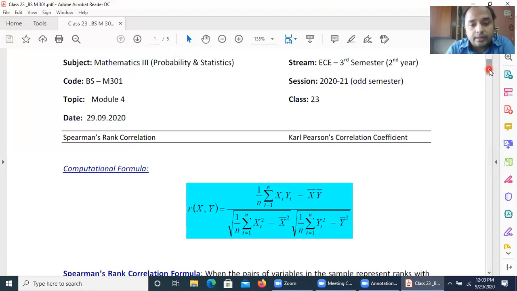But what we do in Spearman's rank correlation is that we consider the students who sit for the examination for statistics and mathematics, and we actually rank them according to their marks. Suppose there are 60 students, just like in my class there are 60 students.